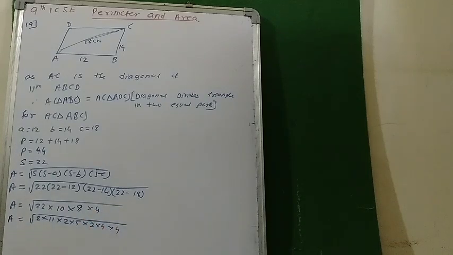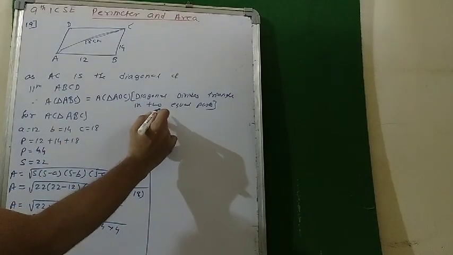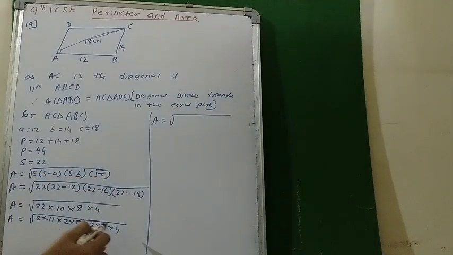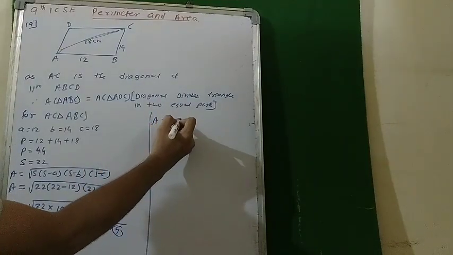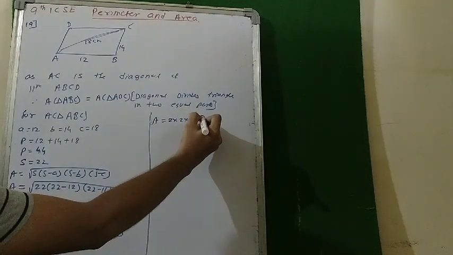So out of this we can say that area is equal to, see, this 4 and 2 twos are this 4, all become 2. So we have three 2s outside, 2 2 2. What is there inside? 11 fives are 55, 55 twos are 110.